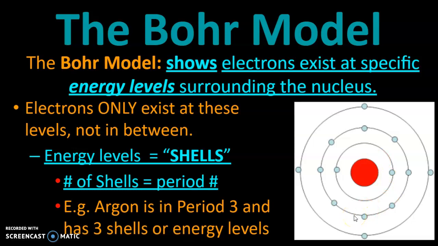Electrons only exist at these very distinct levels right here, and the energy levels are referred to as their shells, and the number of shells refers to their period number. So for example, using argon, you can see that there are 3 rings around the nucleus, meaning that there are 3 shells. And this makes sense because argon is in the 3rd period on the periodic table.